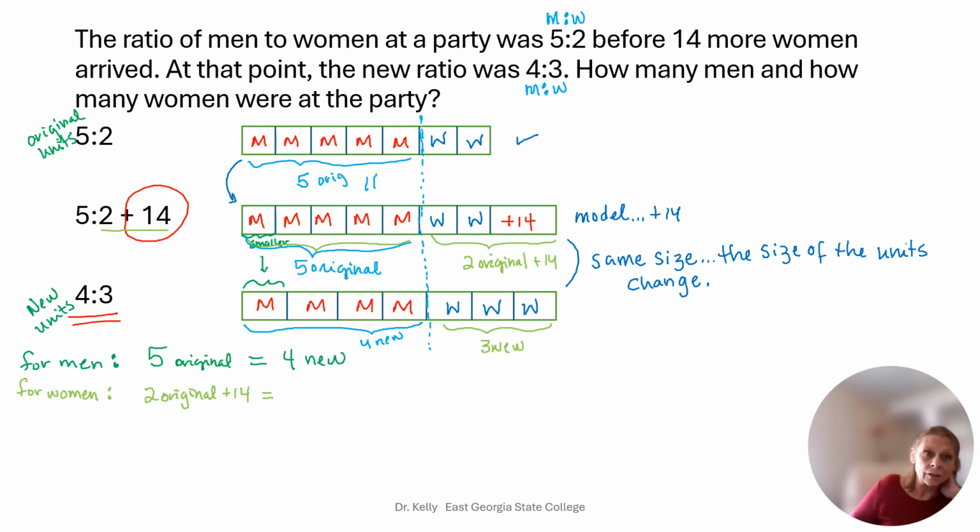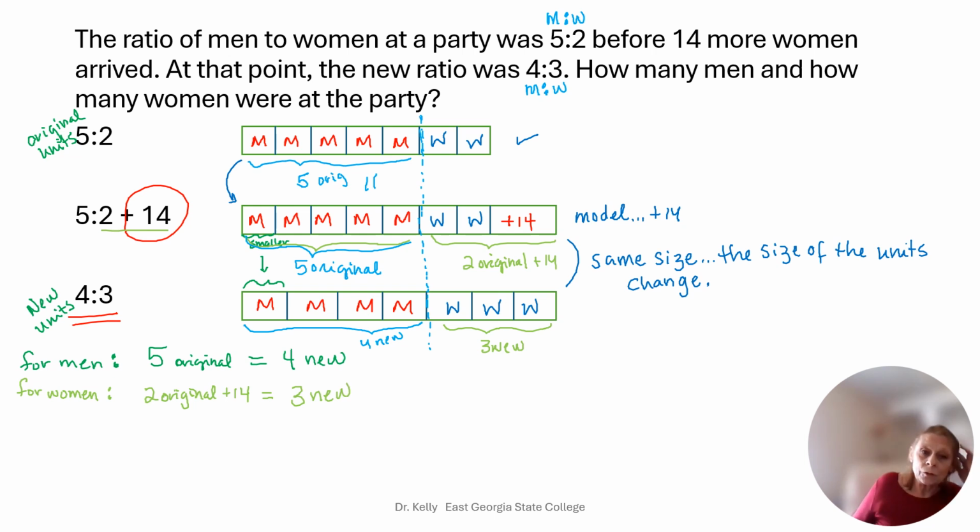I already had stuff written there, so I didn't want to write over myself. So that is equal to 3 new units, because that's what we see here. 2 original plus 14 is equal to 3 new.